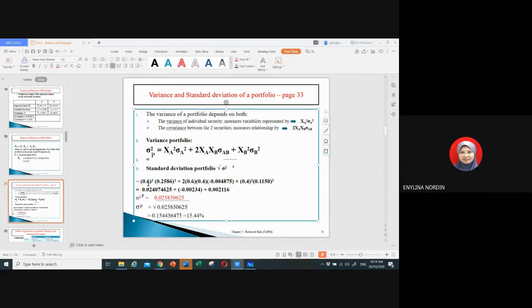So weightage in stock A 60% squared multiplied by standard deviation of stock A squared, plus 2 times the weightage of each stock, 60% and 40%, multiplied by the covariance. The covariance is what we got from the calculations previously, on the previous slide. And then weightage in stock B squared times standard deviation of stock B squared. If you take the standard deviation figure of each stock, don't forget to square.